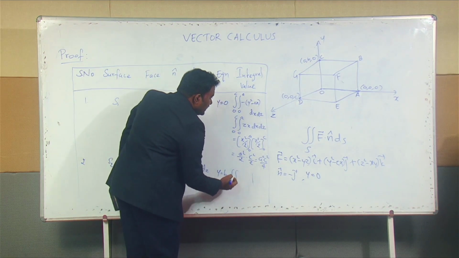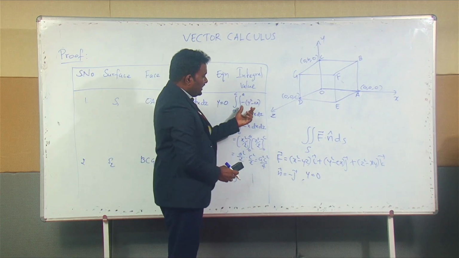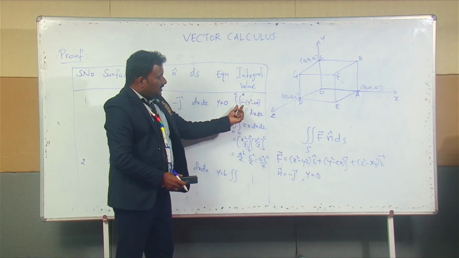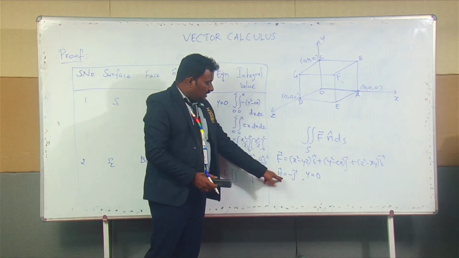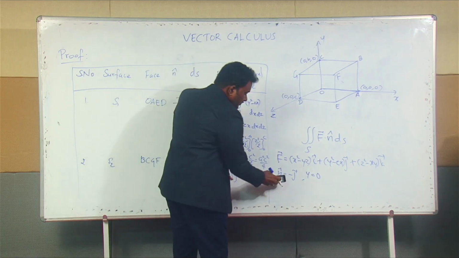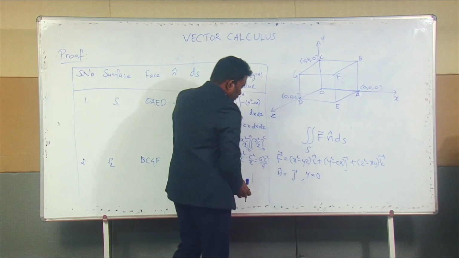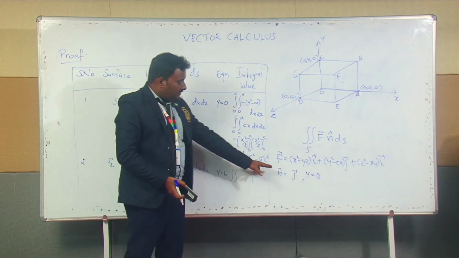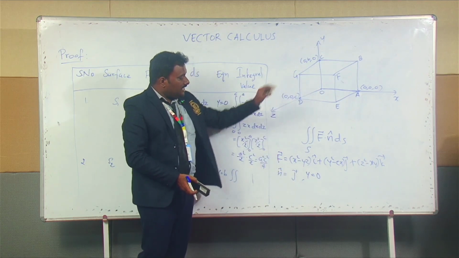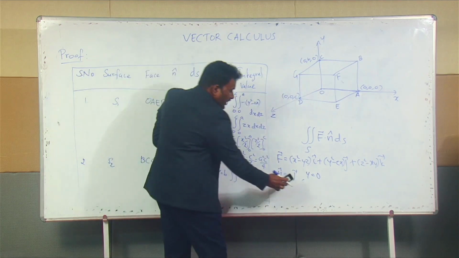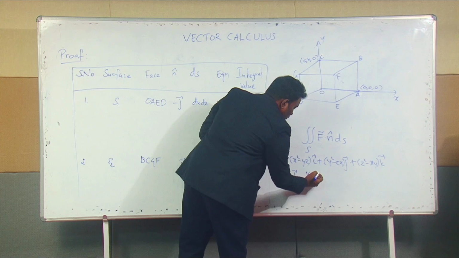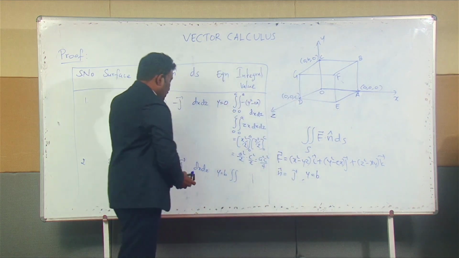We have this double integral. Again we will be having the same terminology, but instead of minus we will be having the plus j vector here. So, when you take S2, the plus j vector will be perpendicular to the S2 surface, and this y equal to 0 will be changed into y equal to b.